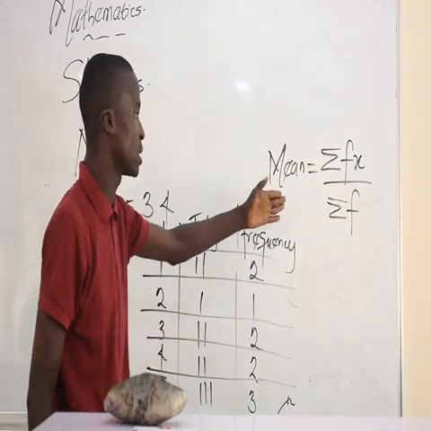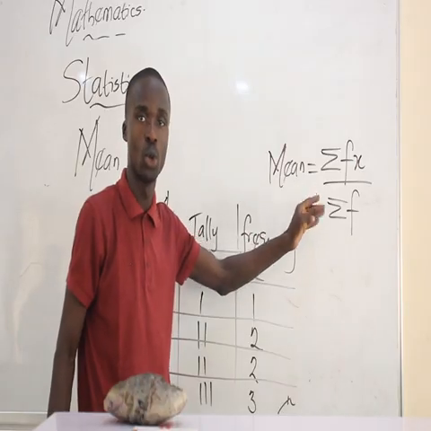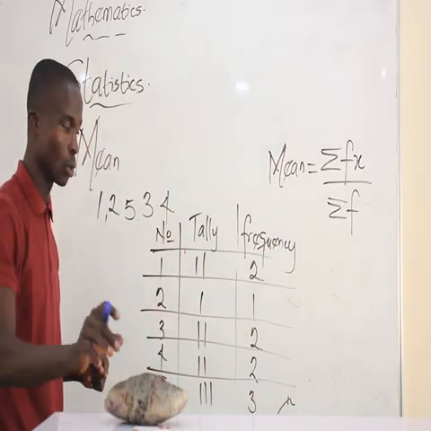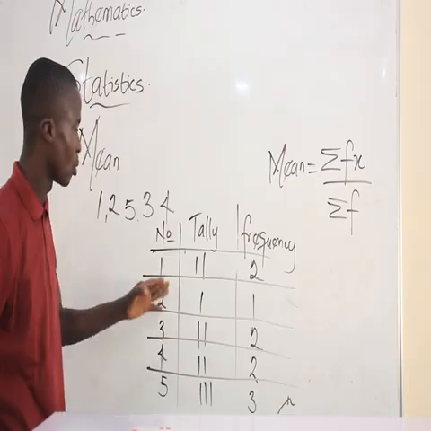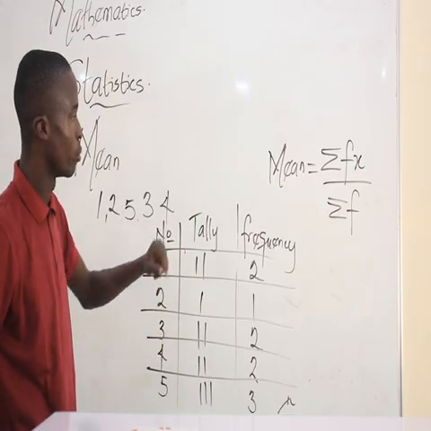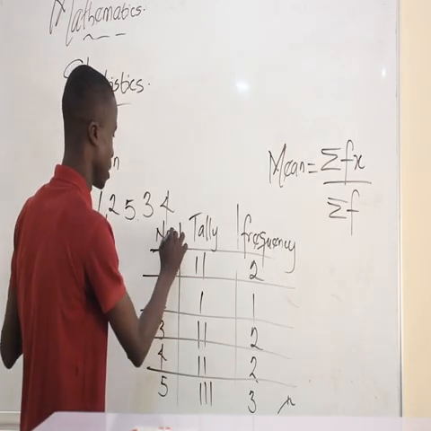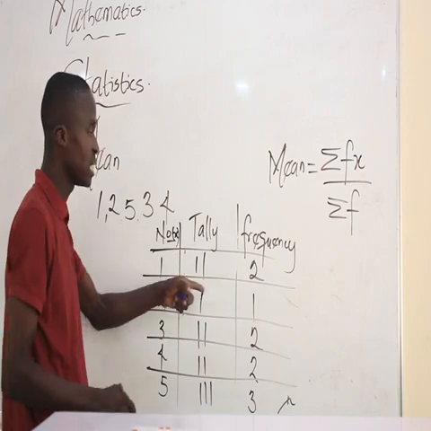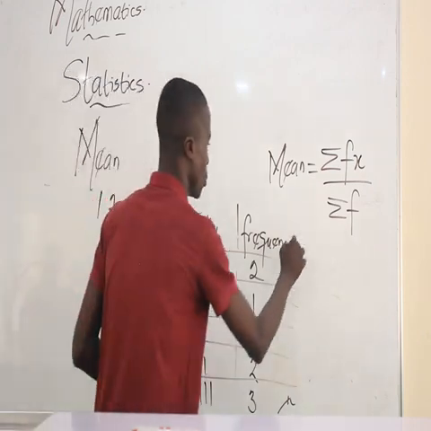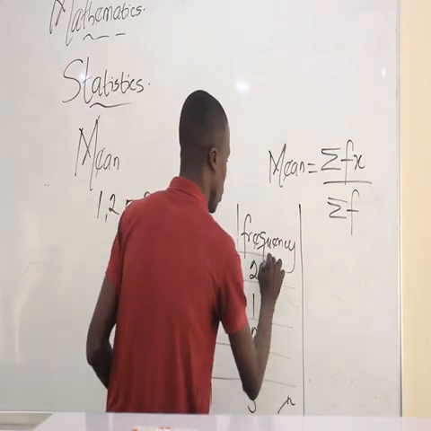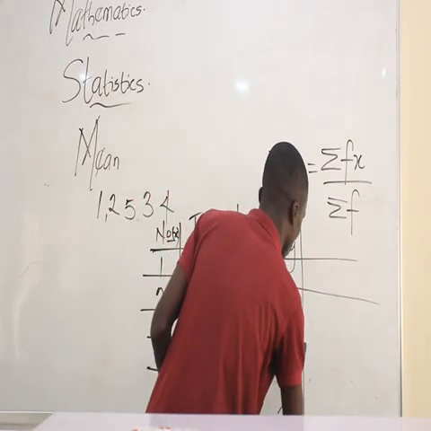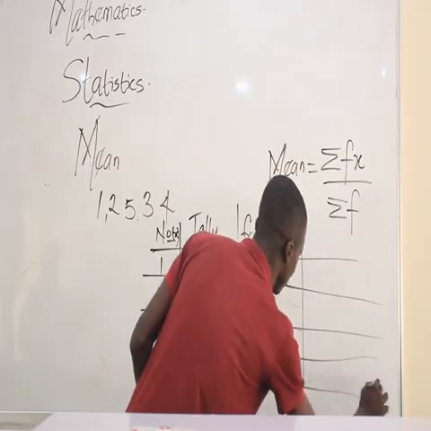Now, to present this in this form and obtain your mean, you have to multiply this number that represents x by your frequency. What you obtain is this.